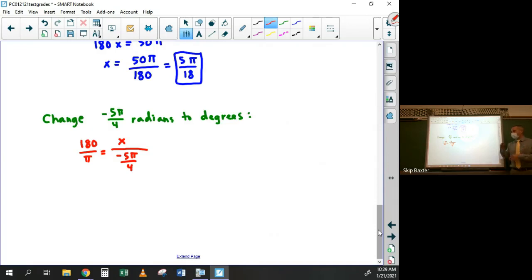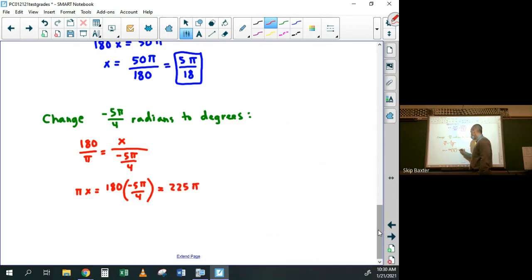And I could do the same thing, just cross multiply. I get pi x equals 180 times negative 5 pi over 4, which if you do the numbers here, 180 divided by 4 is 45, times 5 is 225, so this is negative 225 pi. And then just divide by pi. So x is equal to negative 225 degrees.